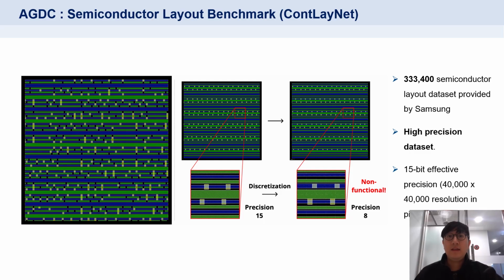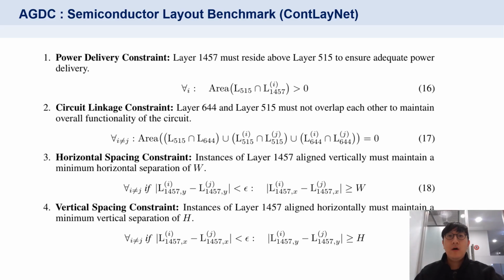What makes ContLayNet particularly valuable is that precision matters here. As shown in this comparison, reducing precision from 15 to 8 bits through discretization leads to functional circuit failures. We also introduced specialized evaluation metrics based on design rule checks, which are standard practice in semiconductor manufacturing.